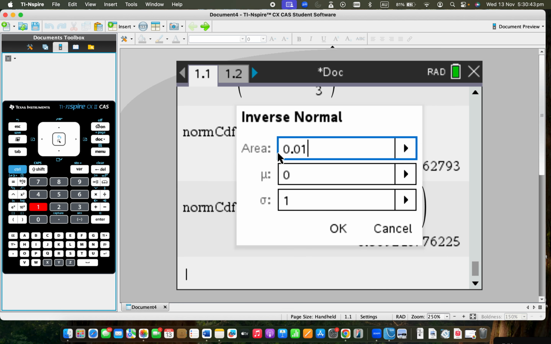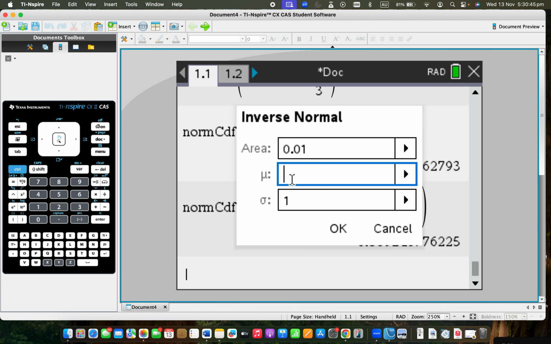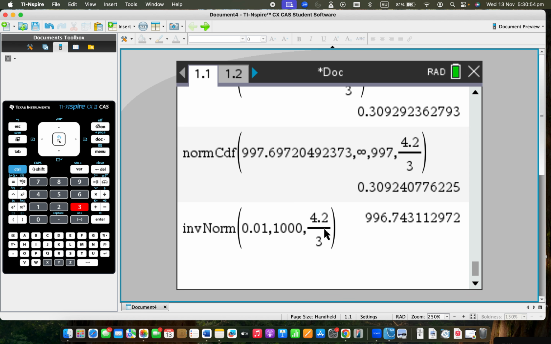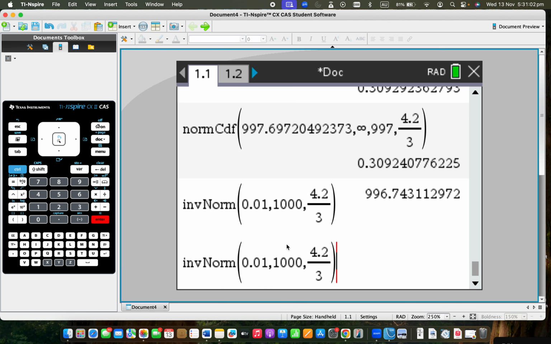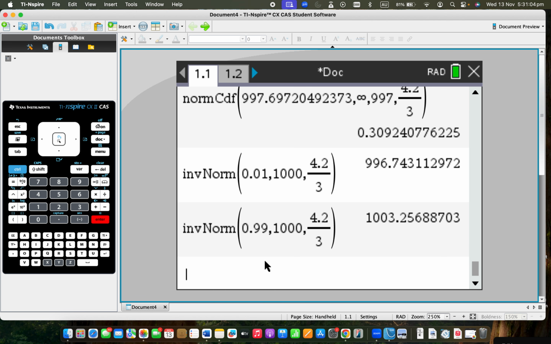The area is 0.01, the mean is 1000, and the standard deviation is 4.2 over 3. And so A is 996.7, and for B we would just put 0.99 here, and so that's 1003.3.